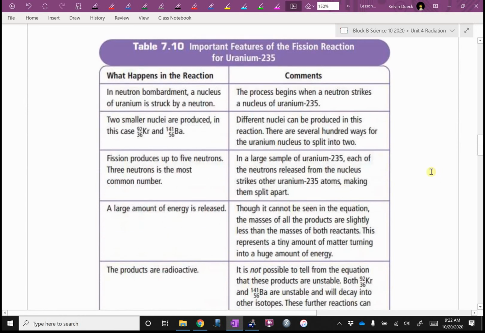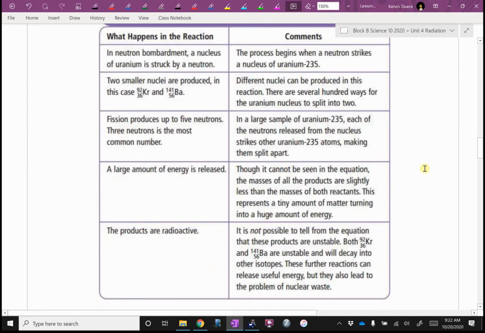So, some important features of a fission reaction. I put some stuff on the next page. In neutron bombardment, a nucleus of uranium is hit by a neutron. That makes it unstable. Two smaller nuclei are produced. We had krypton 92. I think in the video you just watched, it was krypton 91. We had barium 141. In the video that you just watched, it was barium 142.